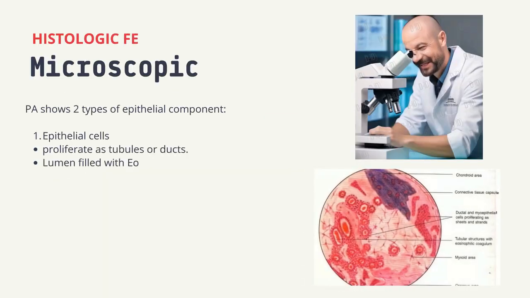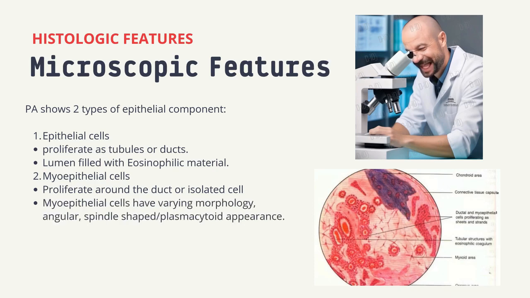Let's take a closer look under the microscope. In pleomorphic adenoma, you can identify two main cellular components. First, there are the epithelial cells. These cells proliferate to form tubules or duct-like structures, with the lumens typically filled with eosinophilic material. Second, we have the myoepithelial cells.